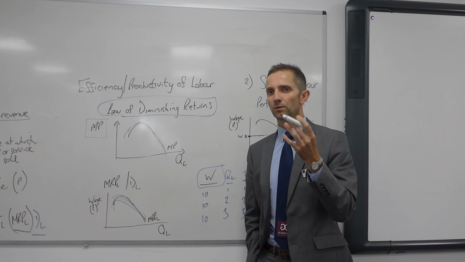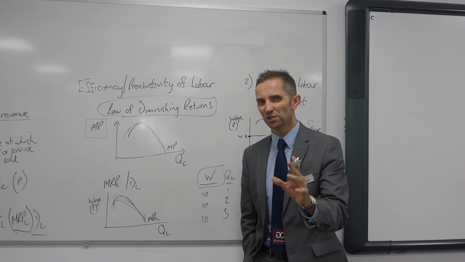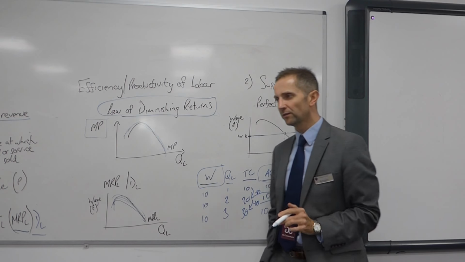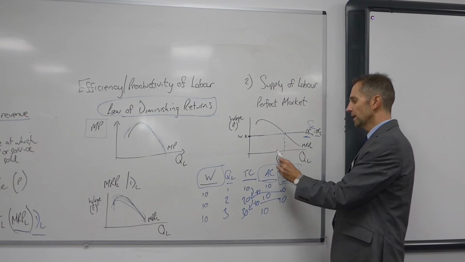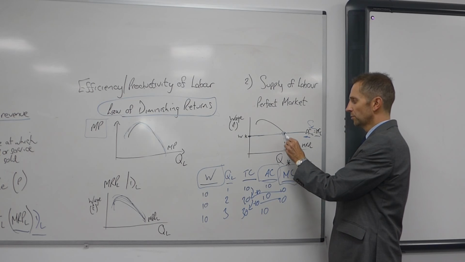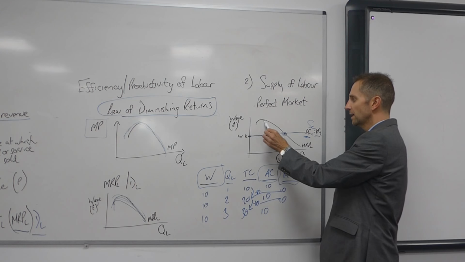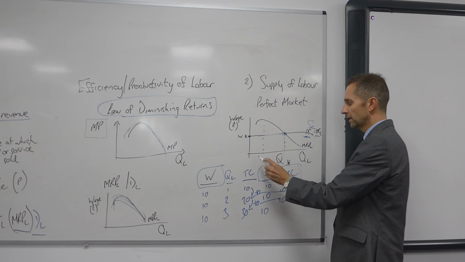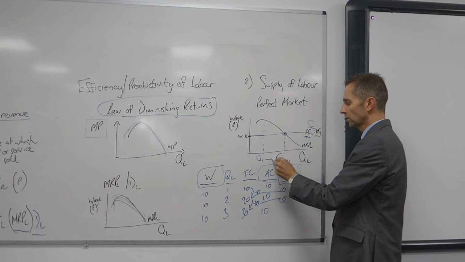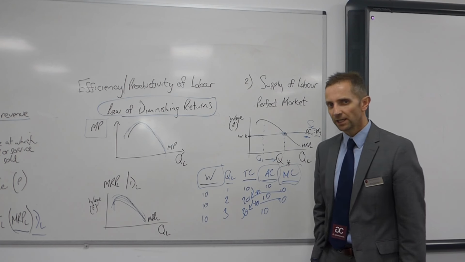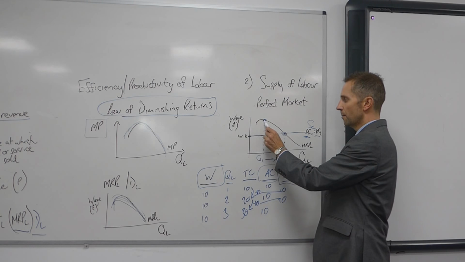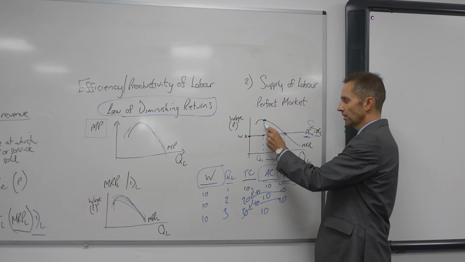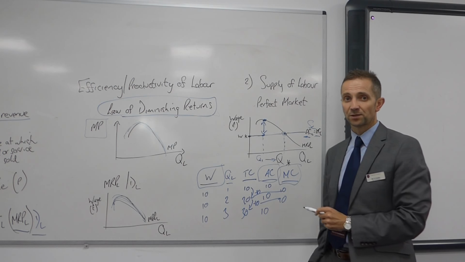And let's not forget this whole notion of rationality and decisions being made at the margin, very important in our economics. So why would it be rational to employ right up to this point and maybe irrational to employ, let's say, Q1 and not go beyond that? Well, if we employ Q1, the differential between marginal revenue and marginal cost is quite substantial.